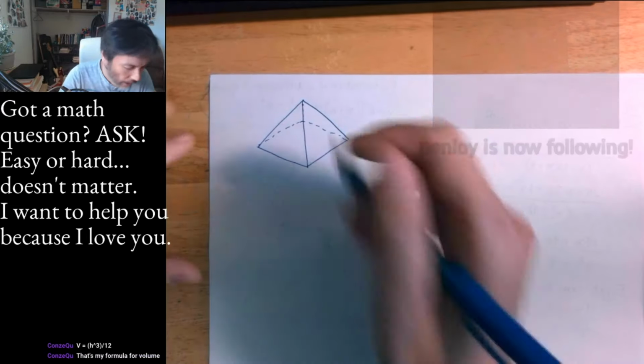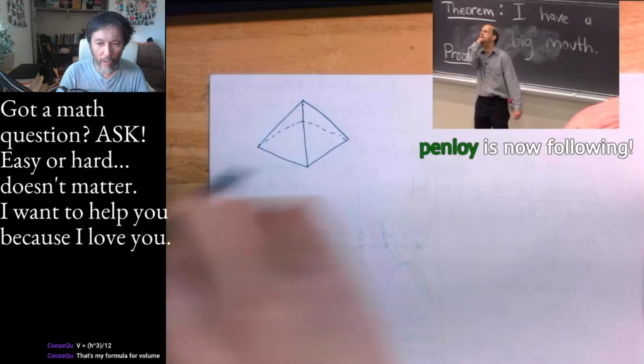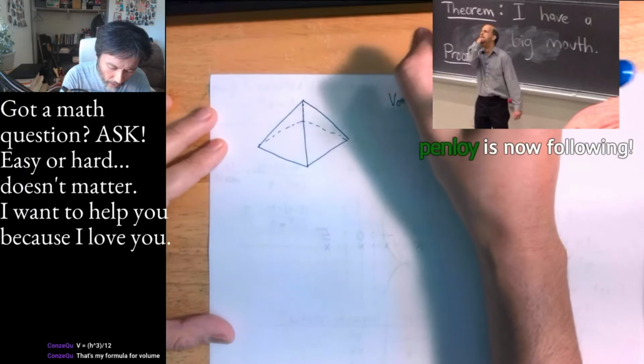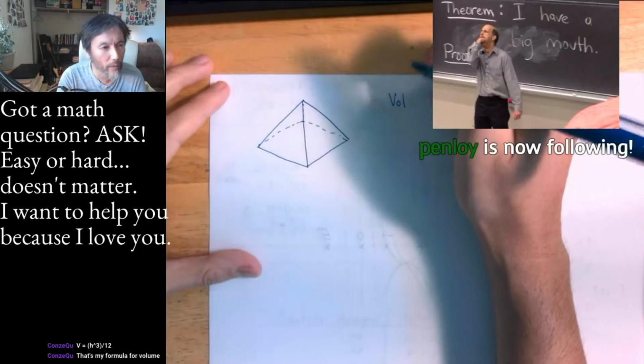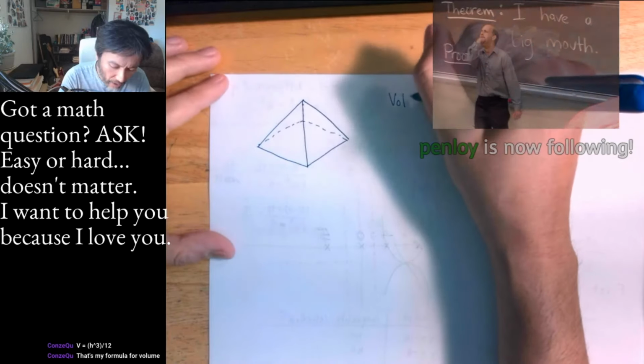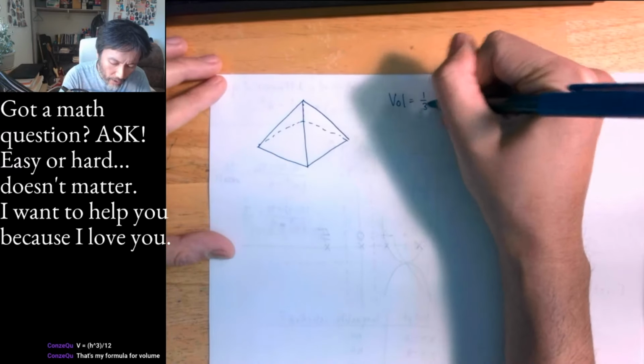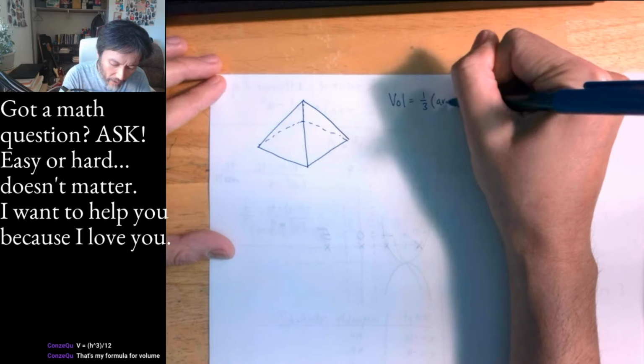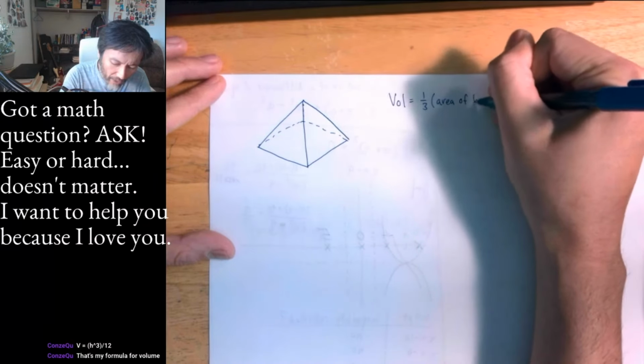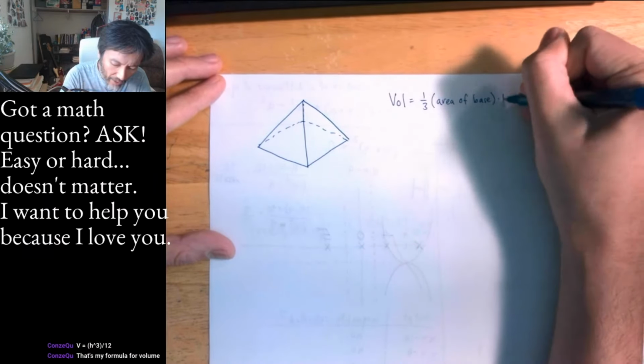I believe the formula that I know is that the volume of something like a coned-off shape like this is 1/3 the area of the base times the height.